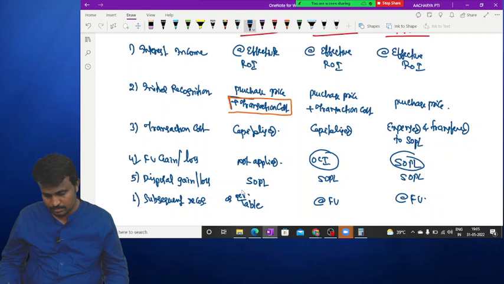Then here, the amortized table. How to draft the amortized table? So the table relating to what? Amortized cost. One minute.